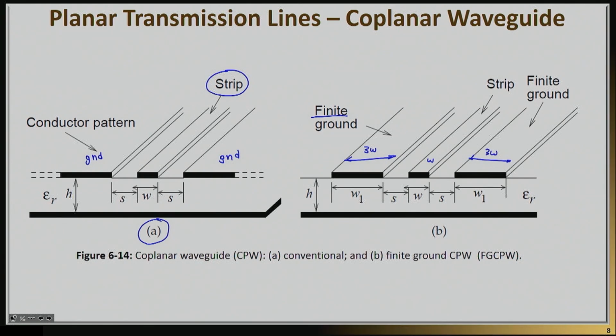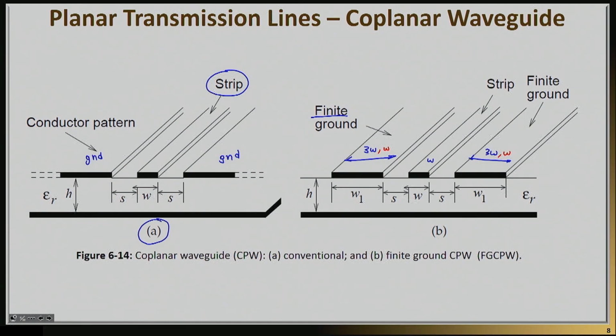Now, sometimes we can't afford that much space, and sometimes people will push this down all the way to even having the same width as the strip, and it still works. It's higher loss, and it's a more dangerous design, if you will, for non-ideal effects, but it will still work.